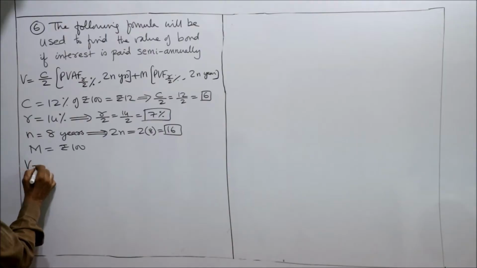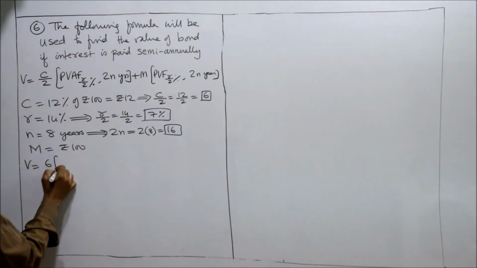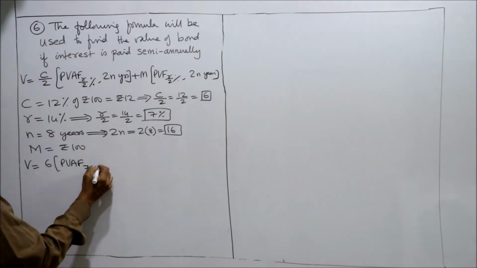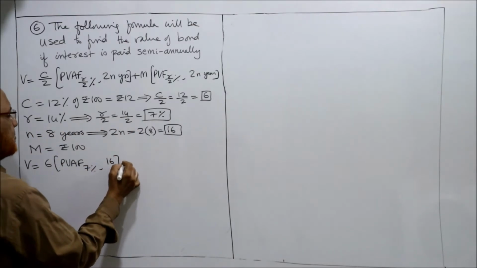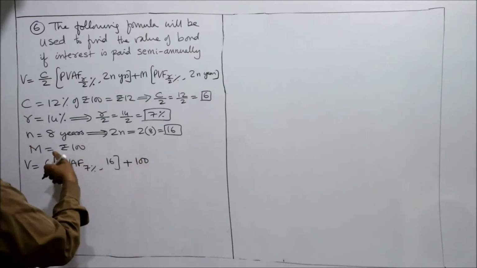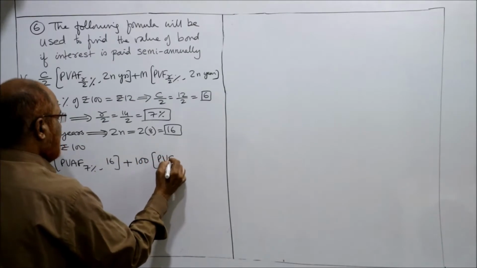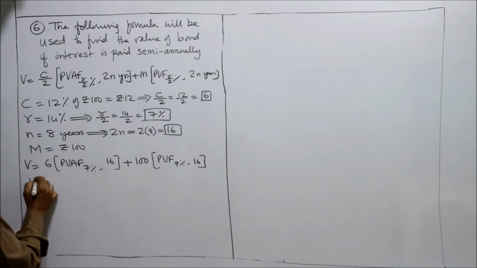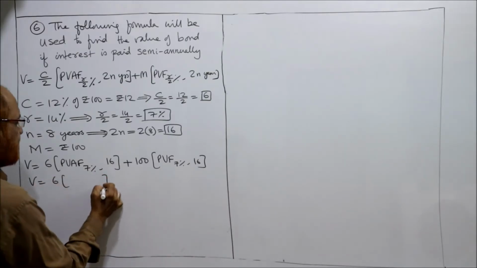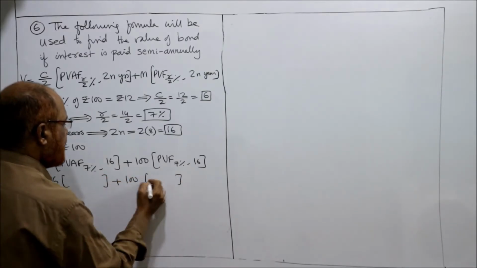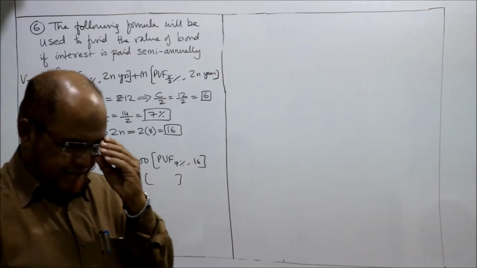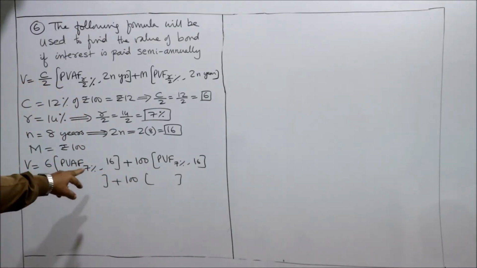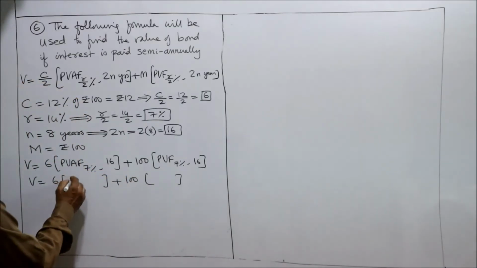Now we substitute V is equal to C by 2 is 6, PVAF R by 2. R by 2 is 7% for 16, plus 100, PVF 7% for 16 years. So 7% 16 years, you will get 9.447.